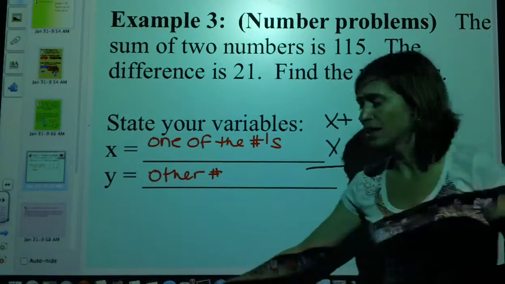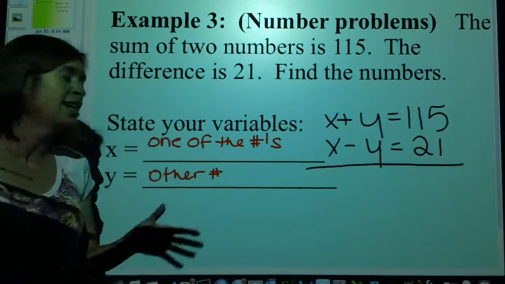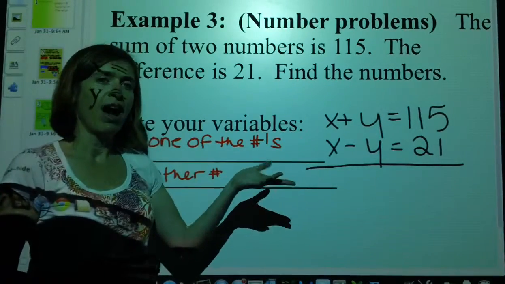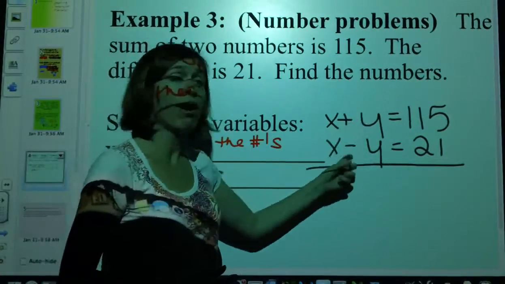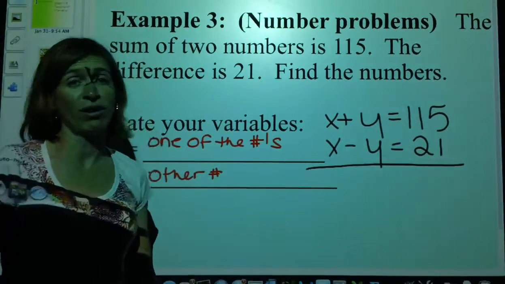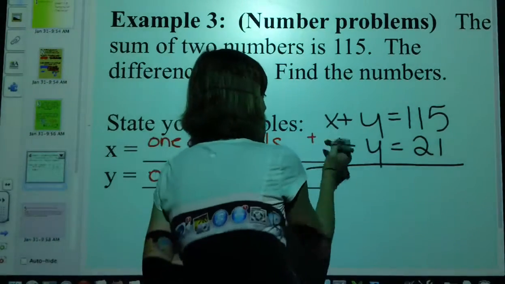All right, looking at this, right off the bat, I see all those coefficients of 1, but why is substitution not the best method here? I hope you're seeing right off the bat that the y's have the same number in front of them and their opposite signs. So therefore, elimination would be beautiful here. Just add the equations together.